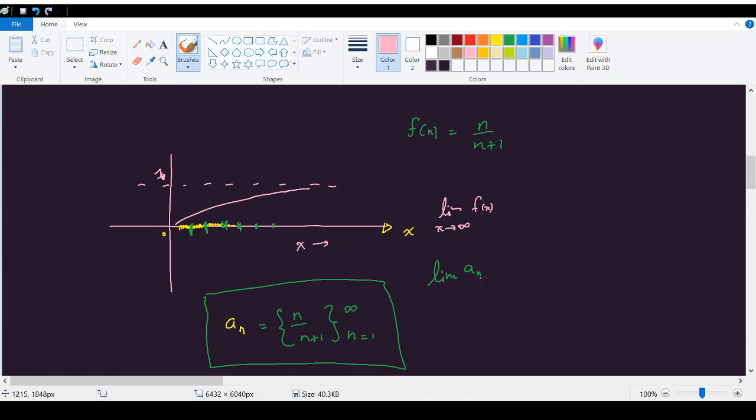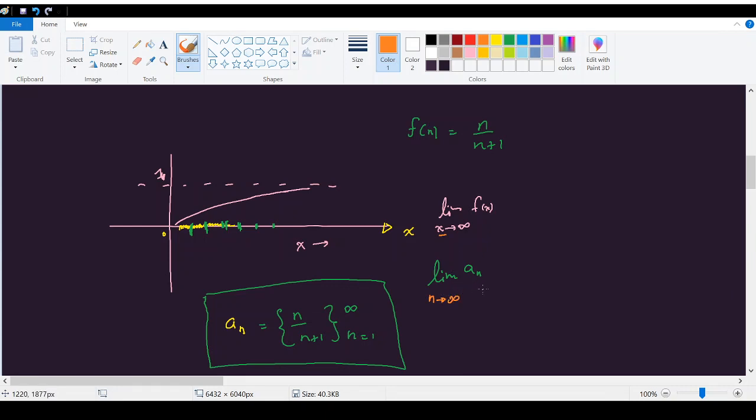But here we consider the same situation with a slight change of notation. See here, instead of x we write n, because in a sequence we specifically use n for the domain values. So here we say n goes to infinity.